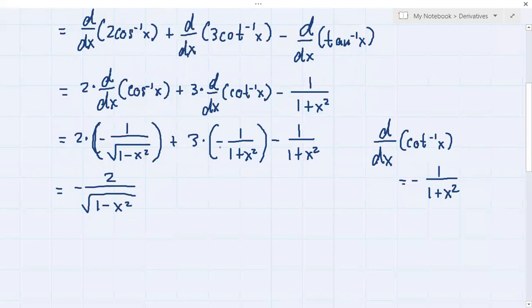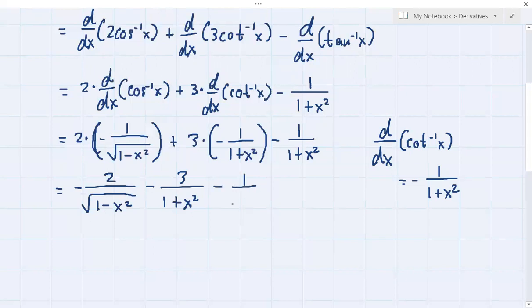For the second term, we have 3 times negative 1 all over 1 plus x squared, which becomes negative 3 all over 1 plus x squared.